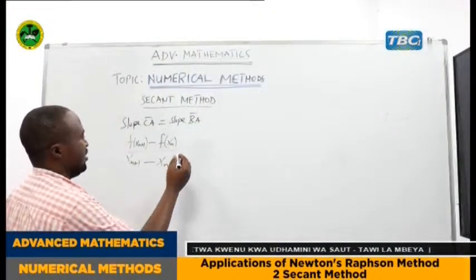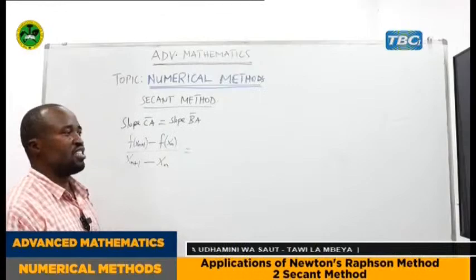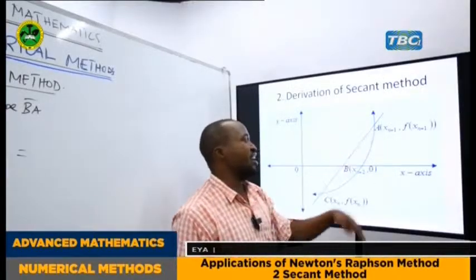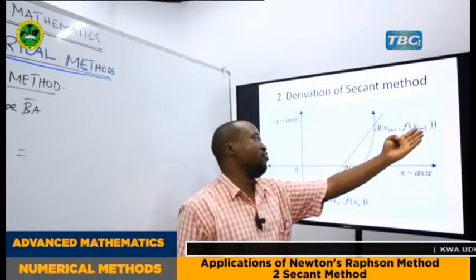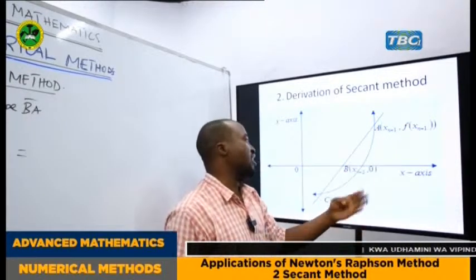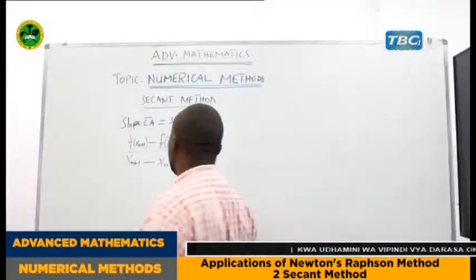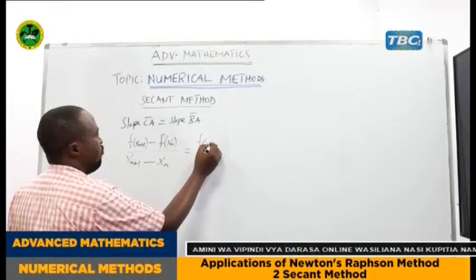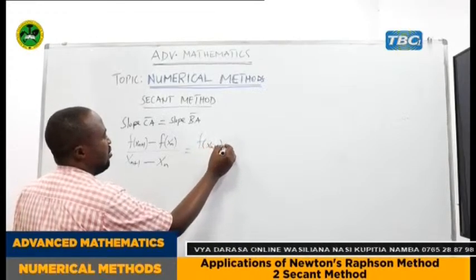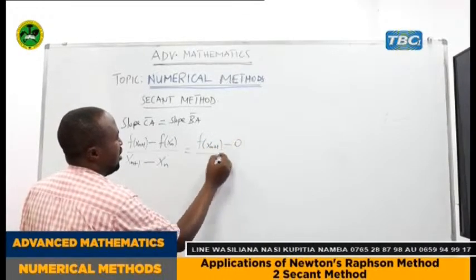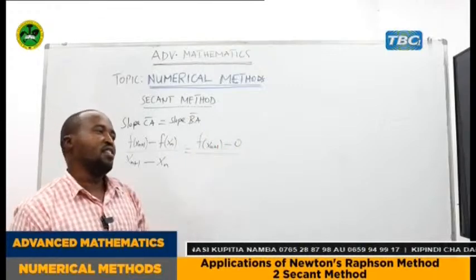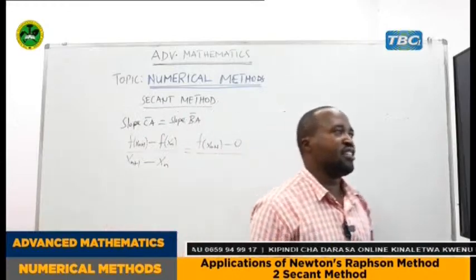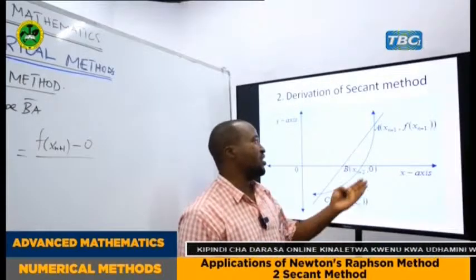That is for CA. Then for the case of BA, the slope of BA, again we take f of x(n+1) minus 0. This time we have 0. That is f of x(n+1) minus 0. That is the same as y2 minus y1, then over x2 minus x1.